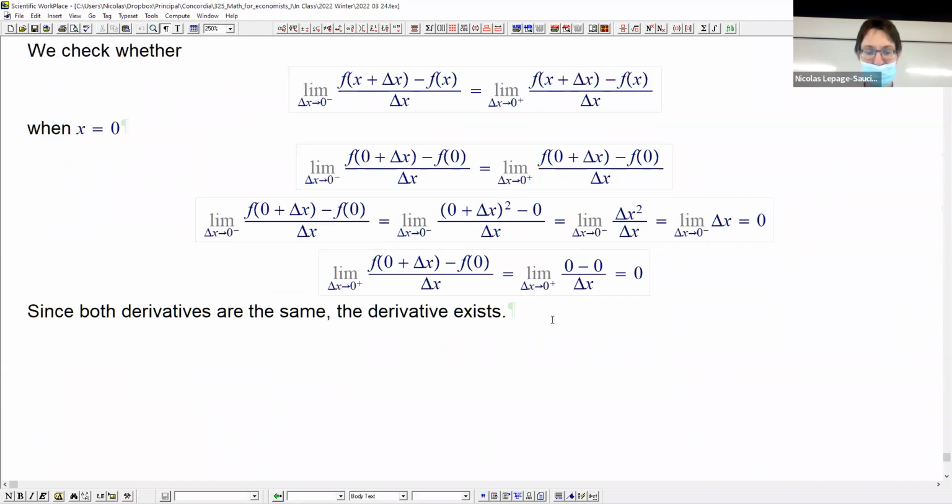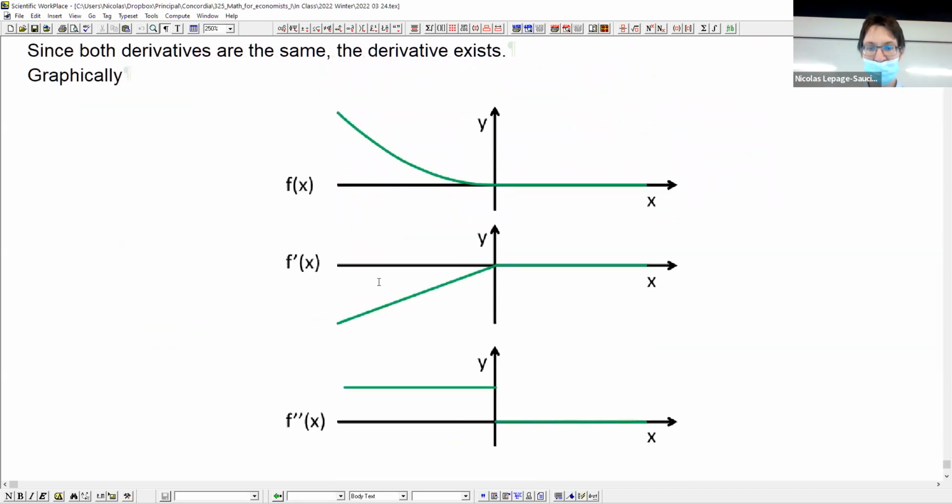So looking at the function graphically, now I'm just going to show you everything, but we're going to explain the rest. So it's this one there. Here I have x squared when x is smaller than 0, and just 0 when x is greater or equal to 0.